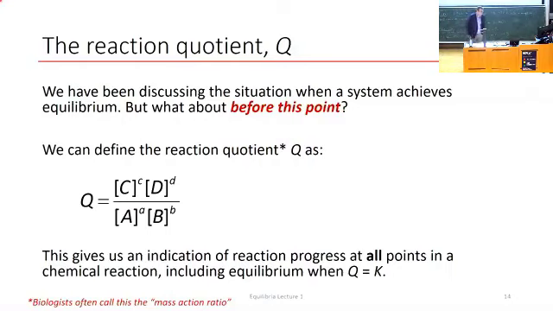When we talked about the equilibrium constant K, we really should have put a little subscript EQ beside all of those concentrations to emphasize that they are equilibrium concentrations. So the only difference between K and Q is that for K, the concentrations are equilibrium concentrations. For Q, the concentrations are any concentration. They may be equilibrium concentrations, in which case Q is equal to K.